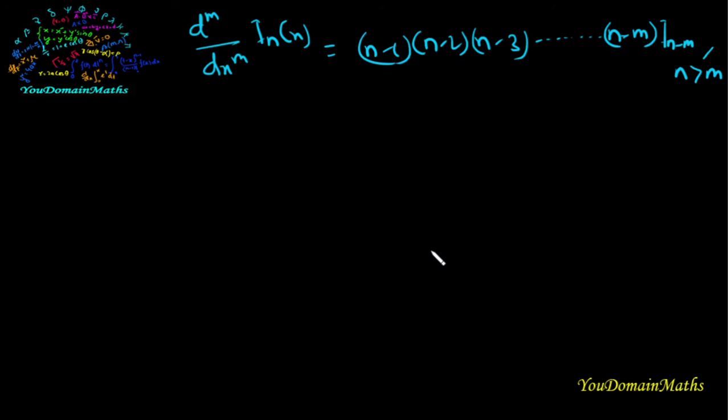If we see the previous terms, the second derivative gives I_{n-2}, the third derivative gives I_{n-3}, so m derivatives give I_{n-m}.